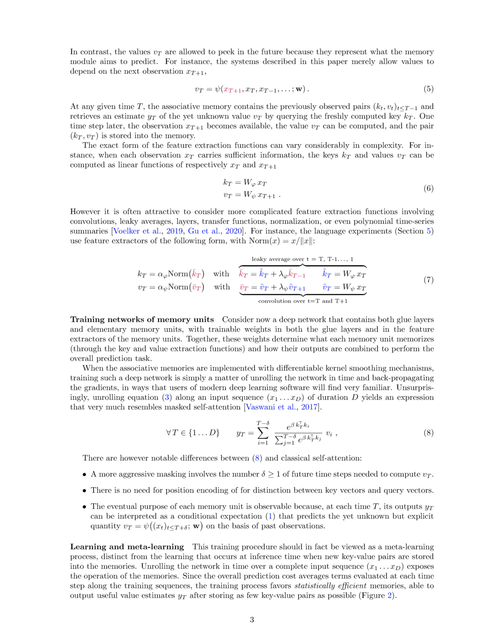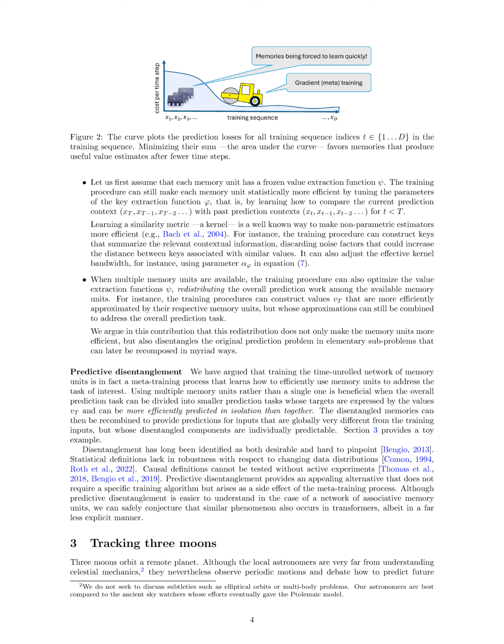During training, the network is unrolled in time and gradients are back-propagated through the network. The training process aims to make each memory unit statistically efficient by tuning key extraction functions to compare current and past prediction contexts. The network is trained to predict future values by leveraging past observations efficiently.